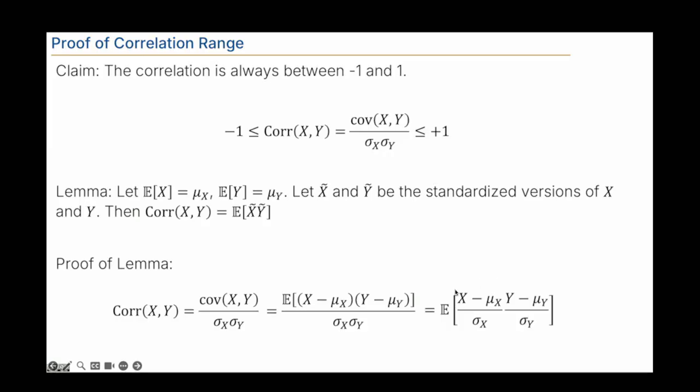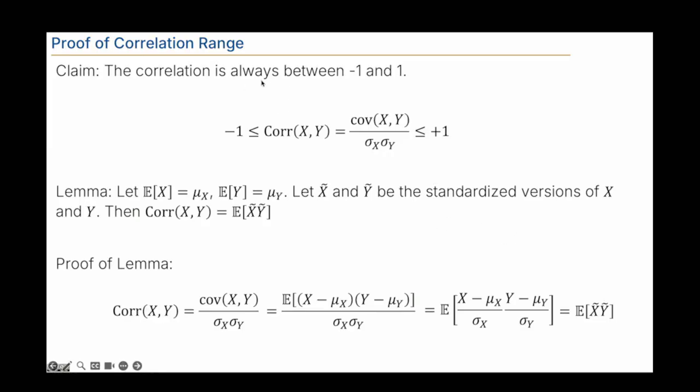If I multiply that out, and I just pull it into 2 pieces, like I think about this as x minus mu x over sigma x, and this is y minus mu y over sigma y, if I now think about this expectation here, you will see that this right here is exactly x tilde, and this right here is exactly y tilde. Okay, so the correlation is indeed the expectation of the product of the standardized random variables. That wasn't so bad. Now's the part that I think is a little messier.